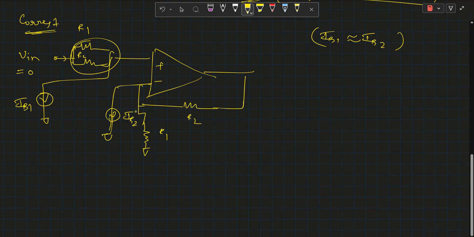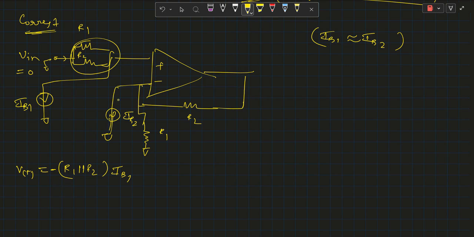This appears at the positive terminal. So if we apply the superposition theorem, we consider this voltage drop first, like V positive, which is the parallel combination of R1 and R2 times IB1. It is negative in magnitude as the current flows from this direction to this direction, and this is 0 volt, meaning this is ground.